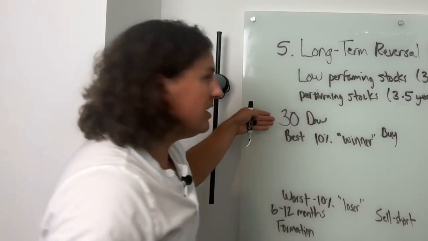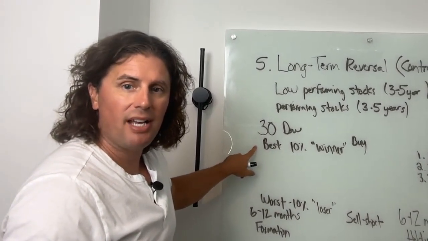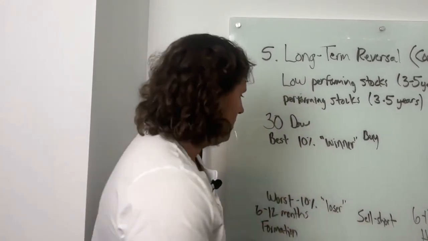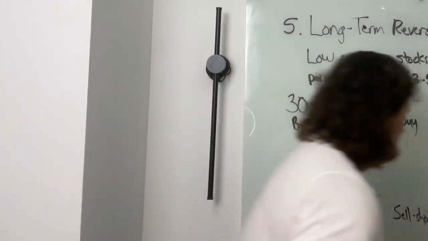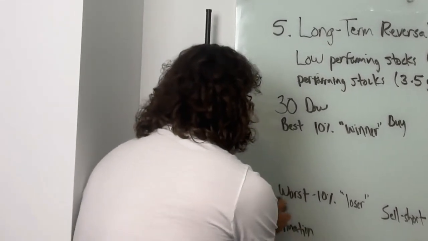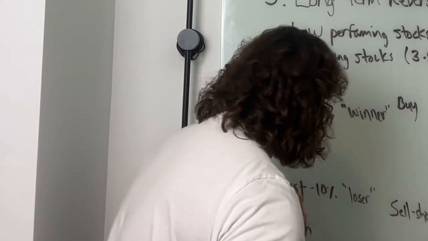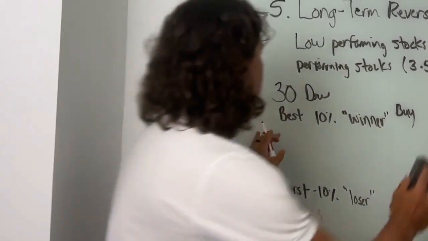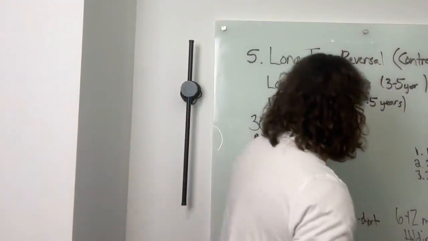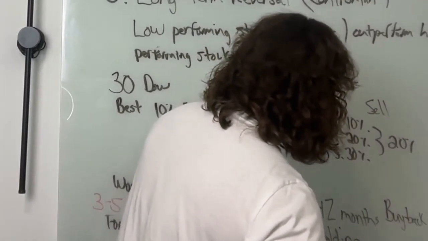Okay, so I already have this set up from the previous video written. And so once again, using the example of the Dow 30, we have the best performing stocks, 10%, and they're still the winners, but now our formation period is 3 to 5 years. And we're going to take those high performing stocks and we're going to sell short if we can do that, or short sell.